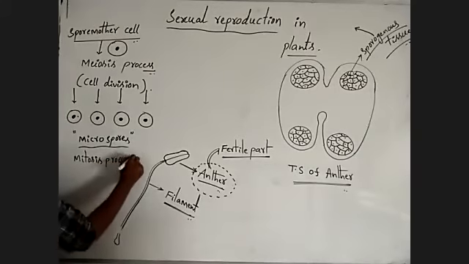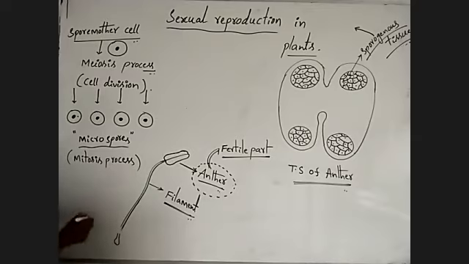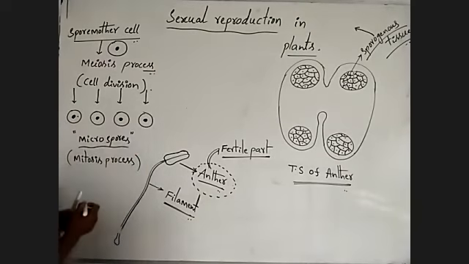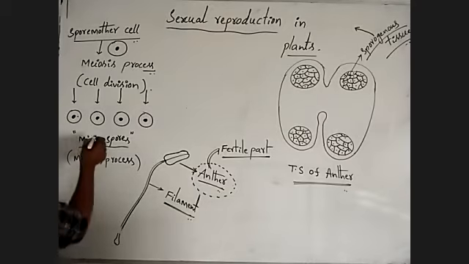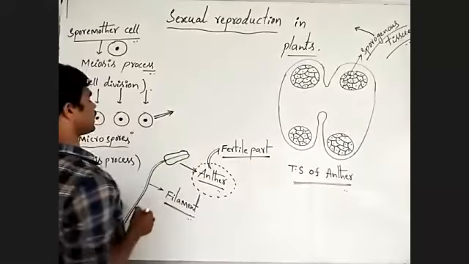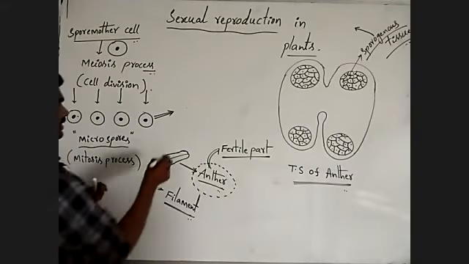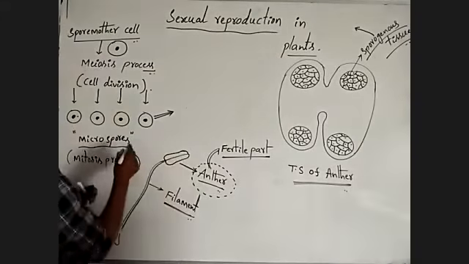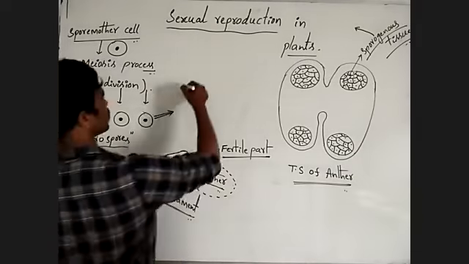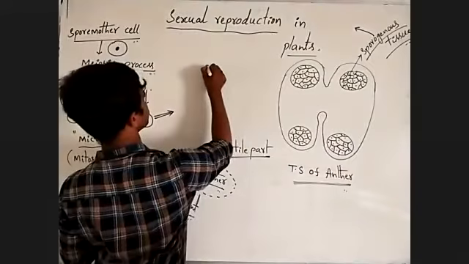Only one cell division. Then after the mitosis process, each and every microspore is modified into a two-celled structure. How? Two-celled structure. That is called pollen grain.